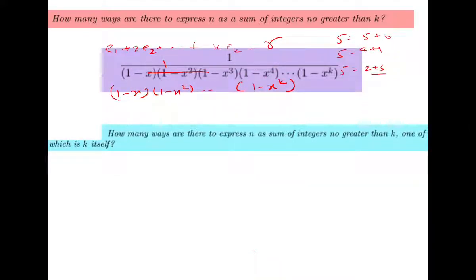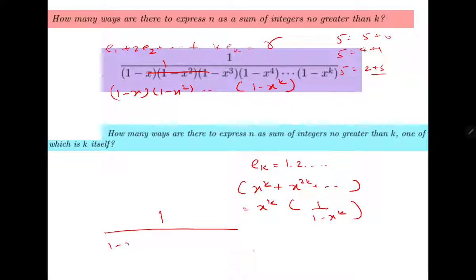How many ways are there to express n as a sum of integers no greater than k, one of which is k itself? So in the sum k must be included. If k must be included, it means that your ek, instead of starting from 0, starts from 1. That's why that bracket would be x raised to the power k plus x raised to the power 2k and so on, and you can take x raised to the power k common, and the remaining bracket becomes 1 by 1 minus x raised to the power k.